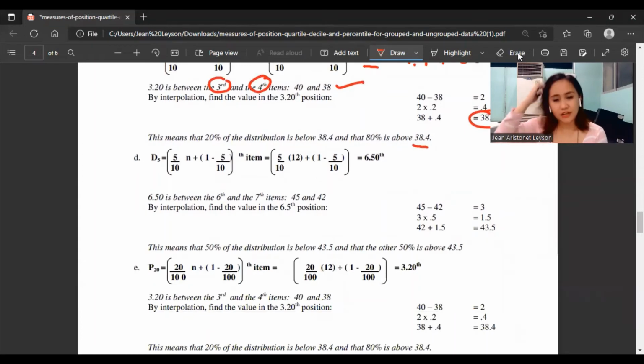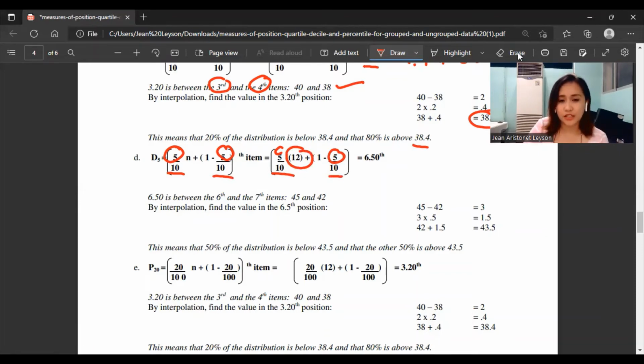Next, we have the fifth decile. So simply substitute i with 5 here. Denominator is 10, that's for decile. n is 12 because there are 12 numbers or 12 items in our data set.